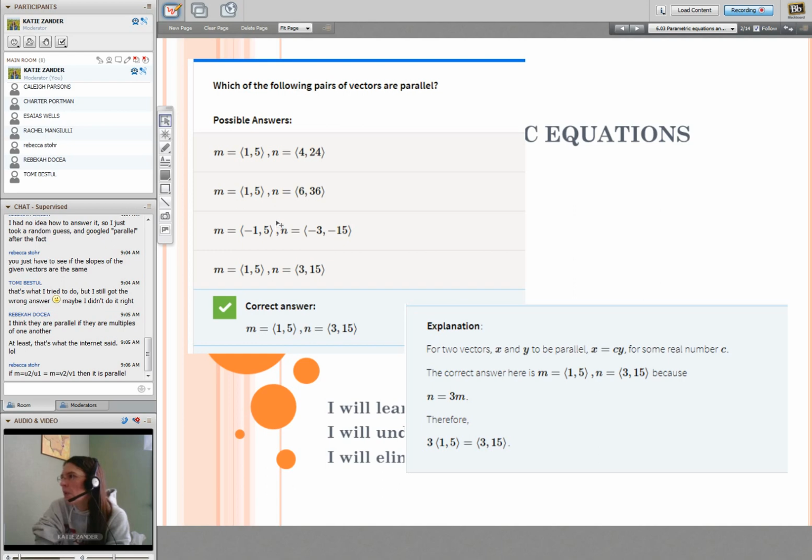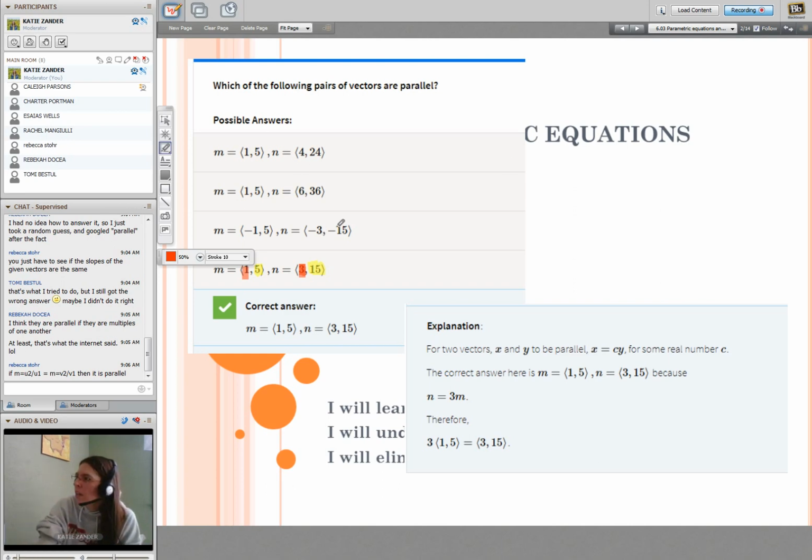So for example, if I were to set up 15 over 5 and 3 over 1, both of those would have a scale factor of 1/3 or 3, depending how you look at it, right?